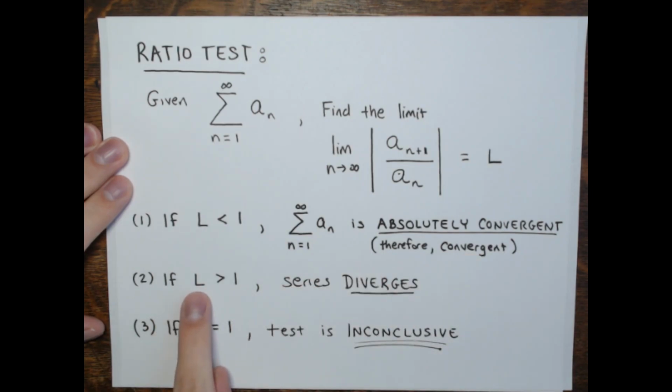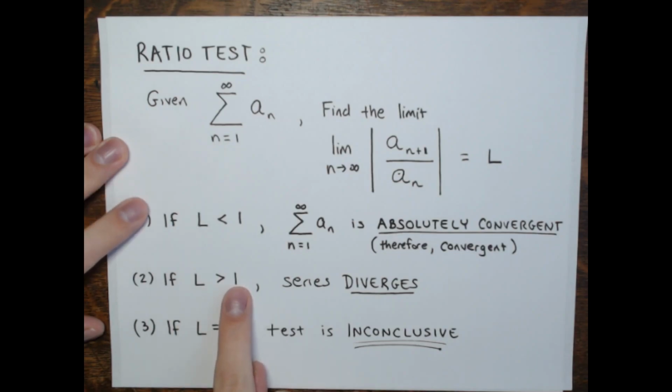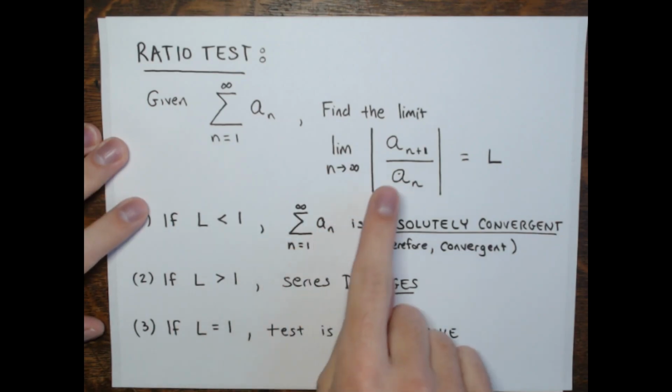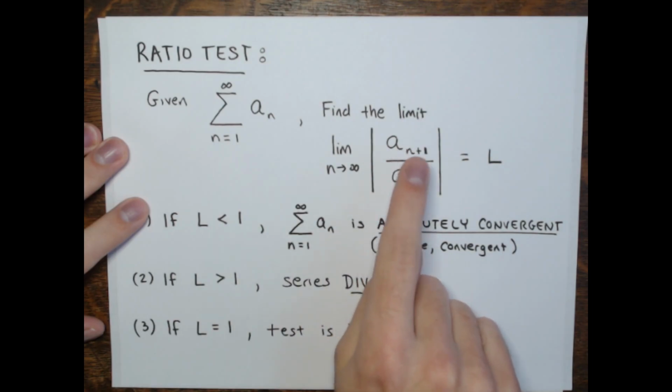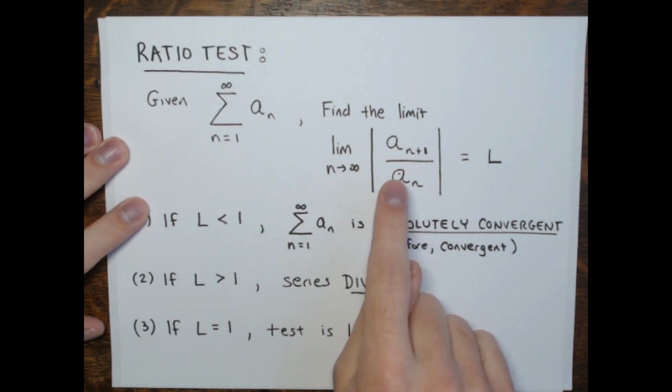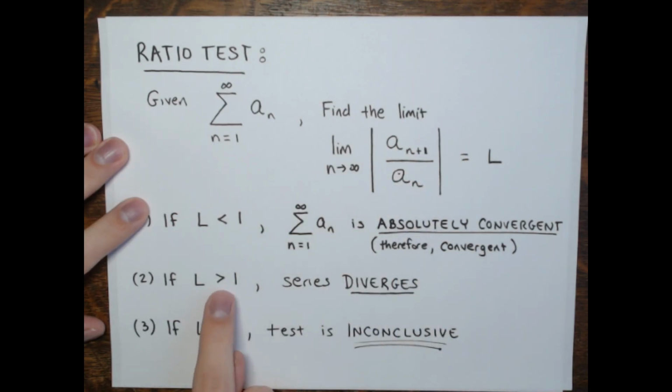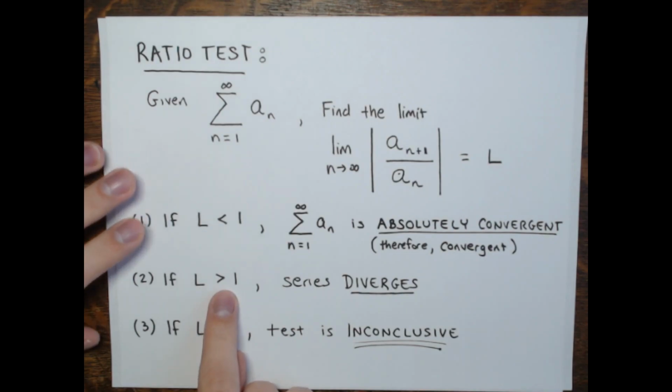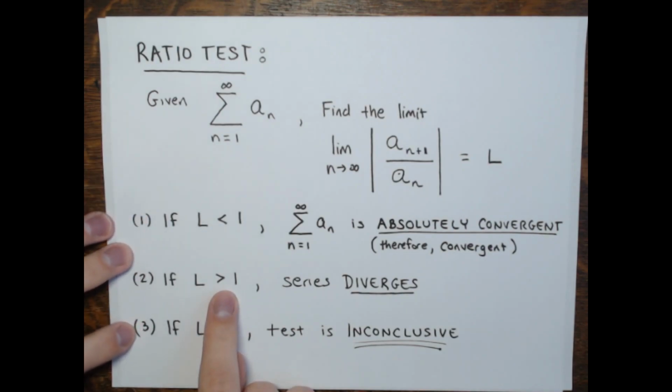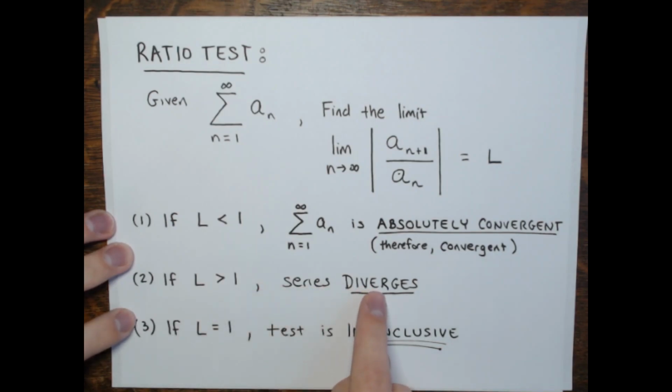If the limit is greater than 1, that would imply that terms are getting larger than the previous terms before them. Well, then the terms of our sum wouldn't even be going to 0, and the series would diverge.